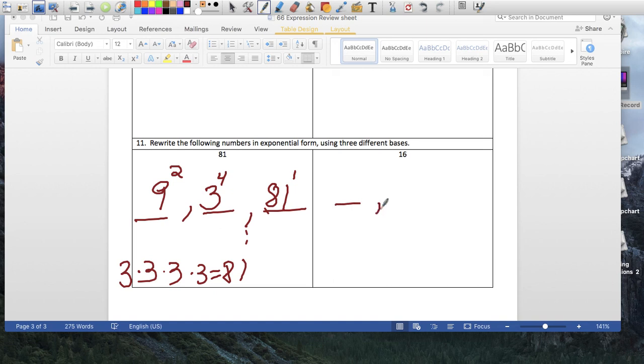16, same thing. Can you think of three numbers that raised to an exponent would result in 16? And I think the obvious one is 4 to the second power, because 4 times 4 is 16. So another number would be 2. 2 times 2 is 4. 4 times 2 is 8, and 8 times 2 is 16. So 2 to the fourth power is also right.